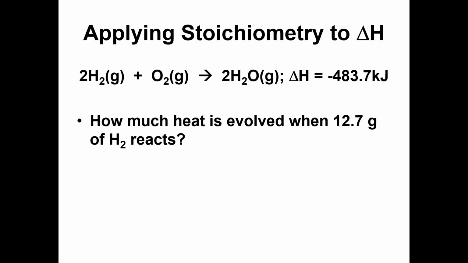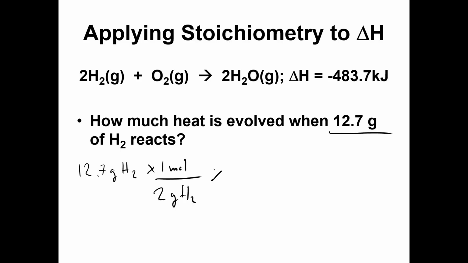Or how much heat is evolved when 12.7 grams of hydrogen react. Then you need to make the connection between the molar mass and the moles again, right? So you're going to have to take the 12.7 grams of hydrogen times 1 mole of hydrogen divided by 2 grams of hydrogen. That's just the molar mass of hydrogen.